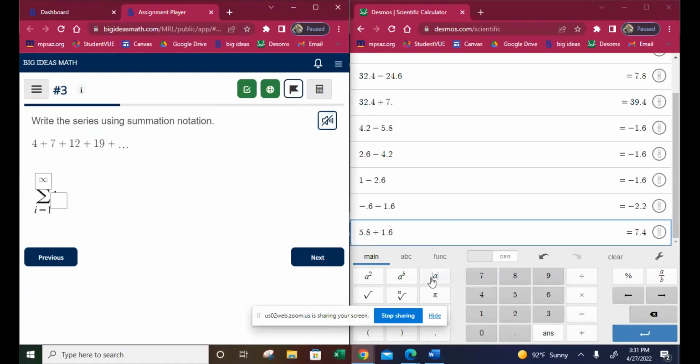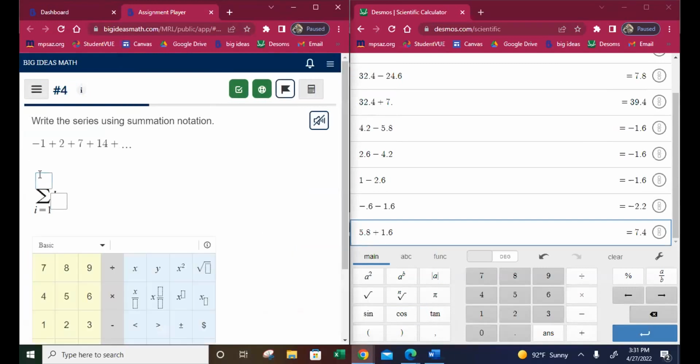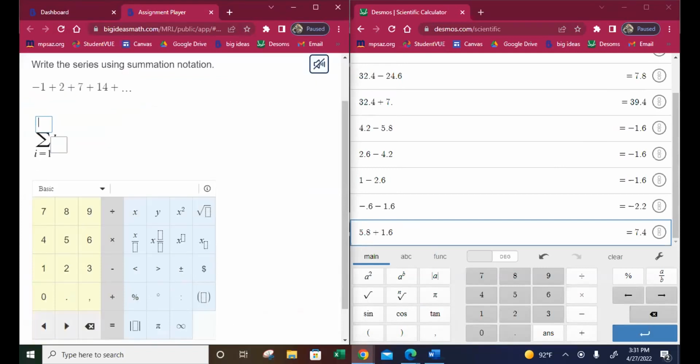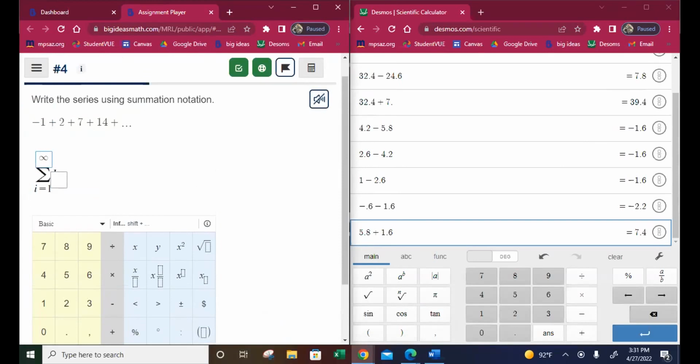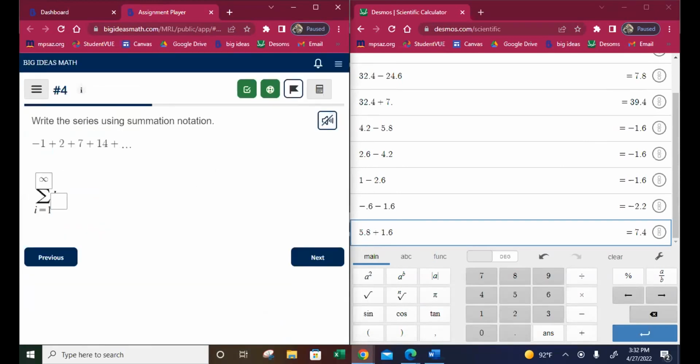All right. This is the same problem. It's going up by 3, up by 7. Should we move on to the next one? Yeah, go to the next one here.